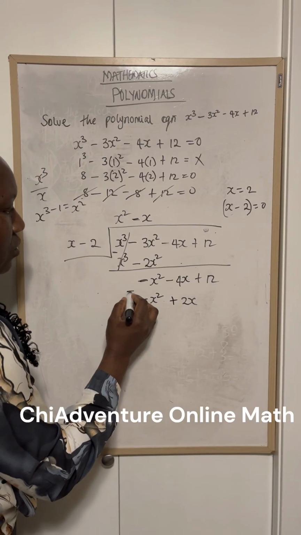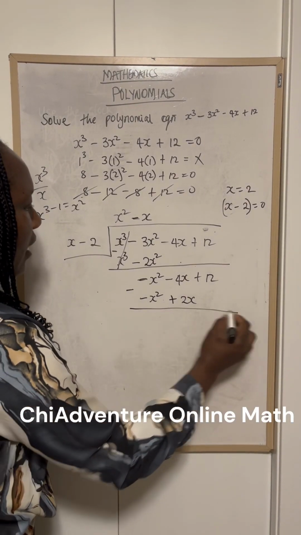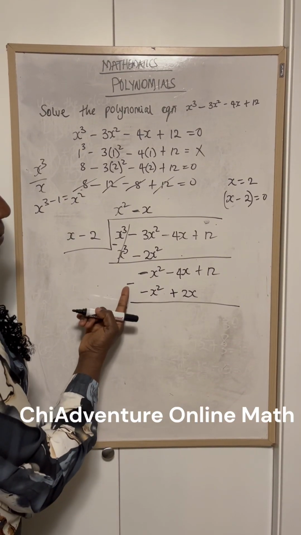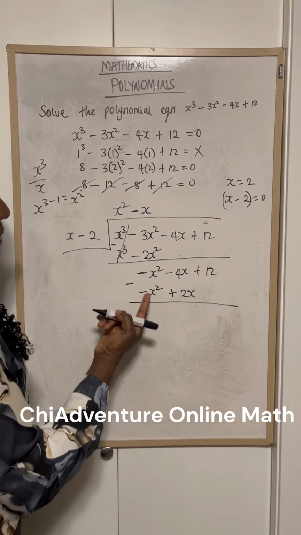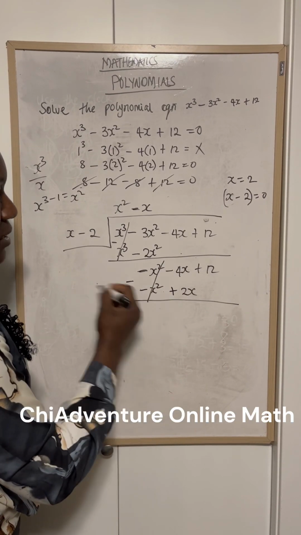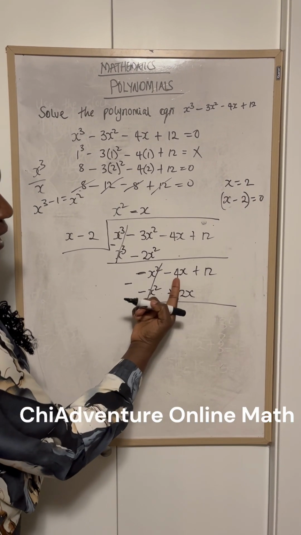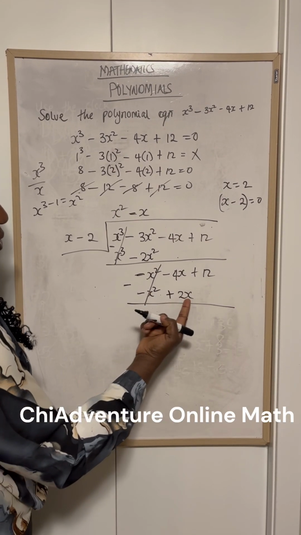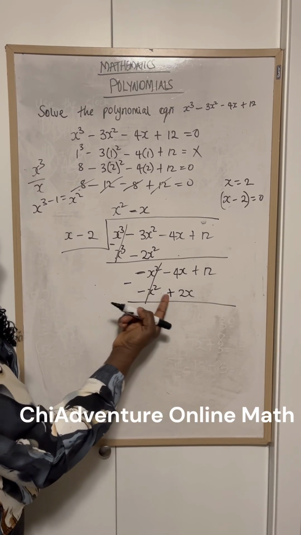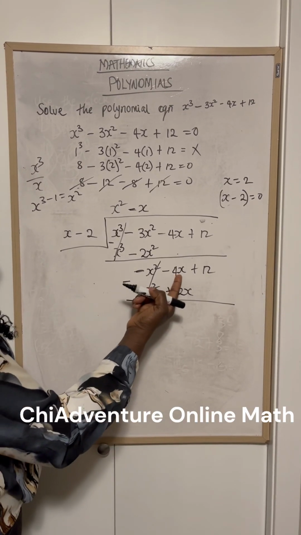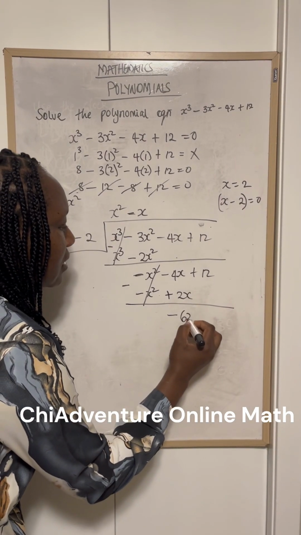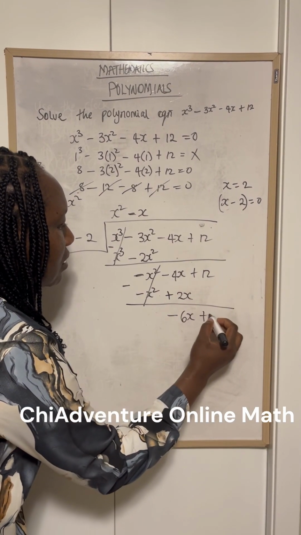And here we have to subtract. This is the same thing as saying minus x squared minus minus x squared. It's the same thing as saying minus x squared plus x squared. So this will cancel out. Now we are left with minus 4x minus plus 2x. So minus 4x minus 2x will give us what? Minus 6x. And we'll bring down this 12.